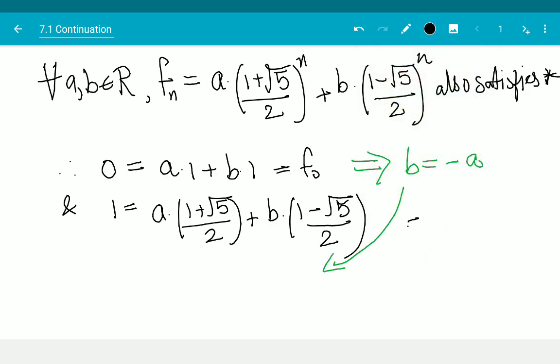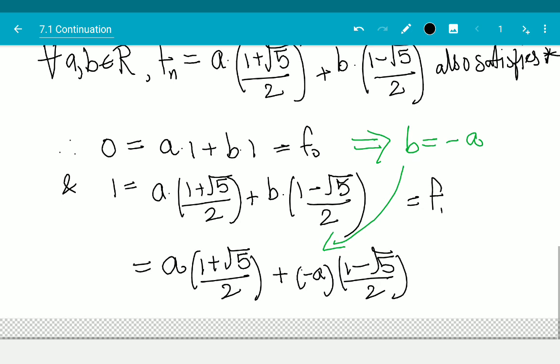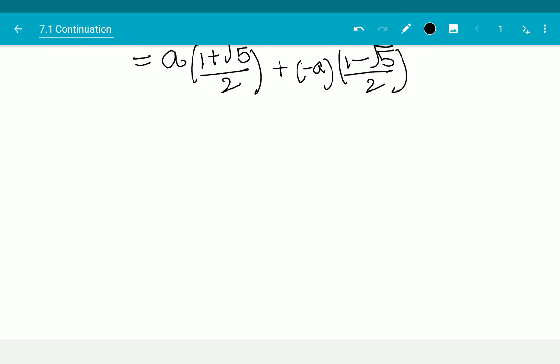So this condition is just basically f_1. And so I get a times (1 + sqrt5)/2 plus negative a times (1 - sqrt5)/2 should be equal to 1.